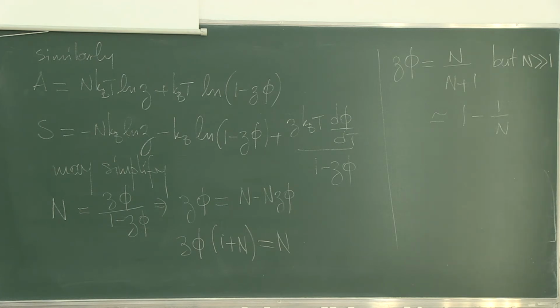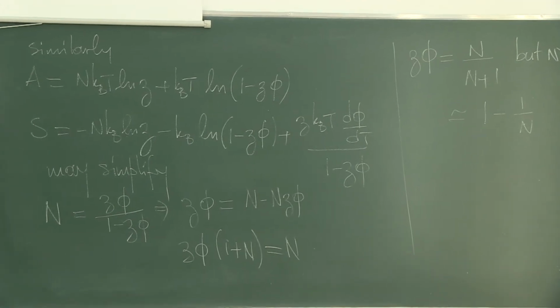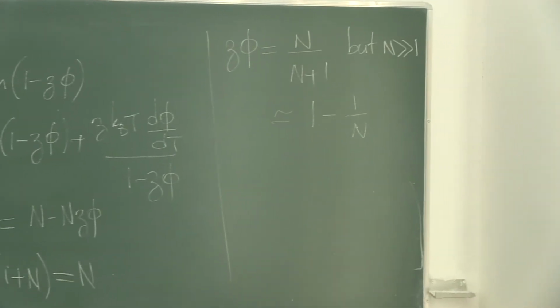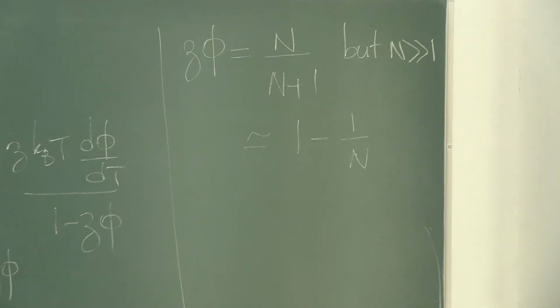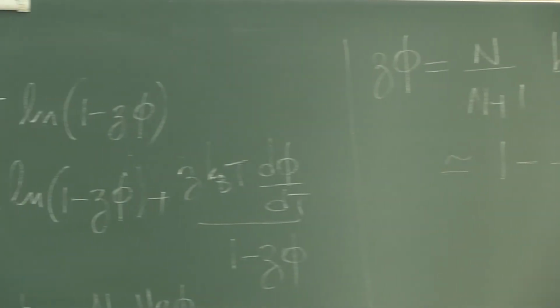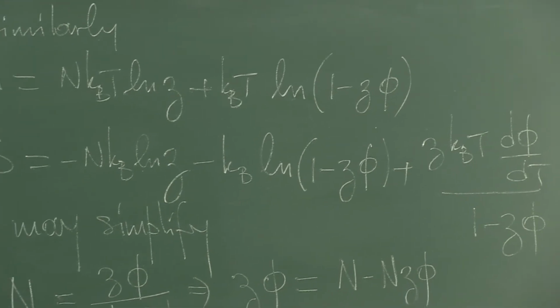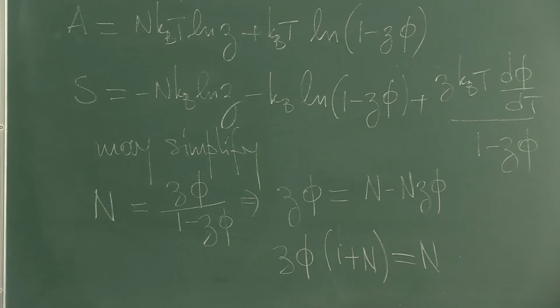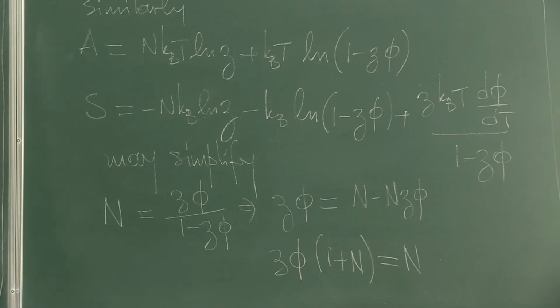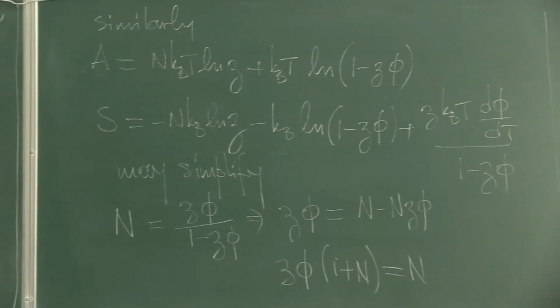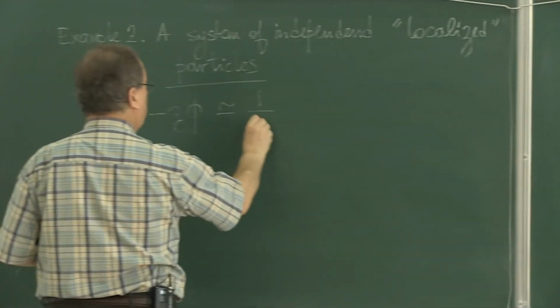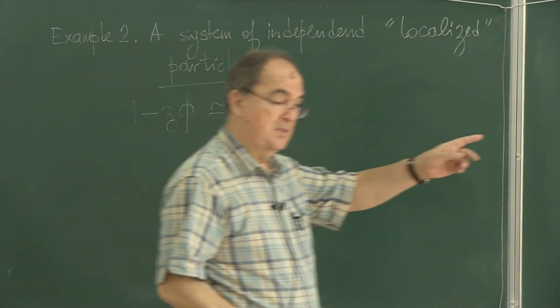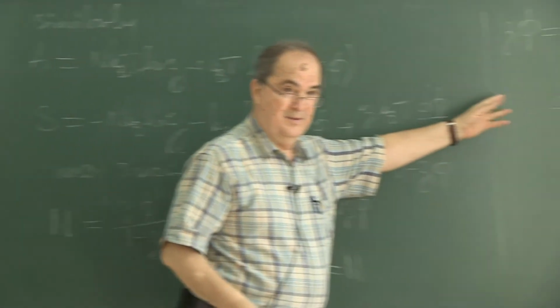As follows. For example, the energy can be written as kB, well, 1 minus z phi, we have this factor in our expressions that can be written as 1 over n from that relation.